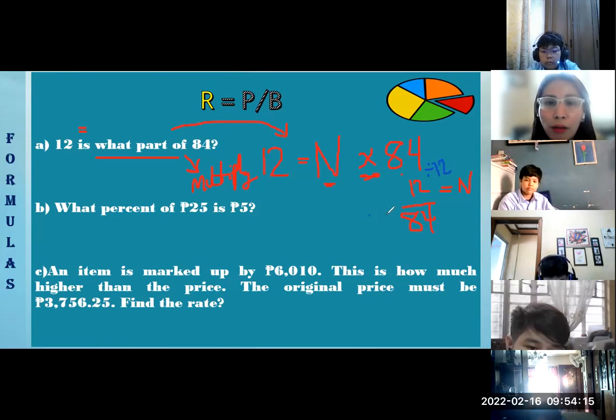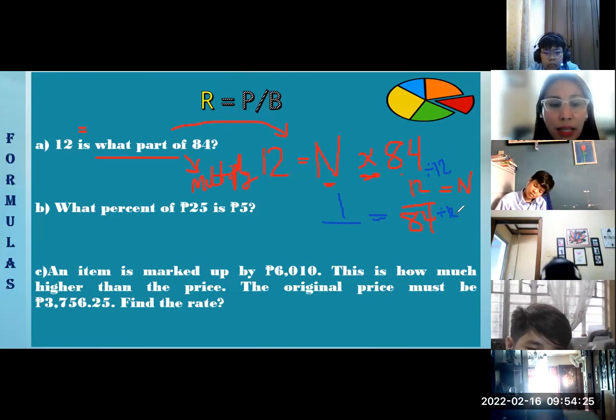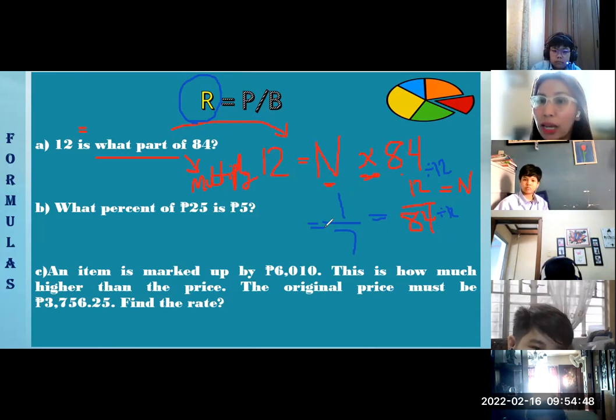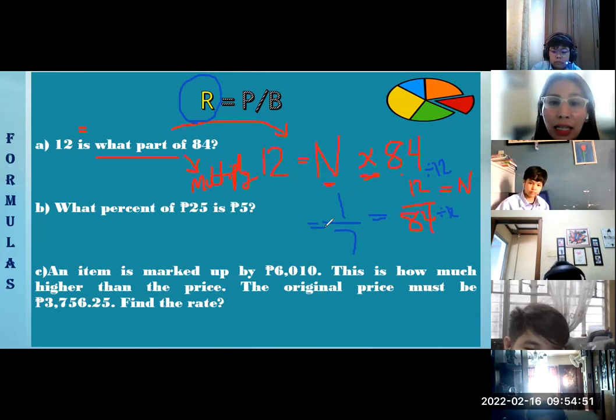So, 12 divided by 12, we now have 1. 84 divided natin by 12, we have 7. Yan, 1 over 7. And kailangan natin i-rate class. 1/7 is the answer in fraction. Pero i-divide na natin.